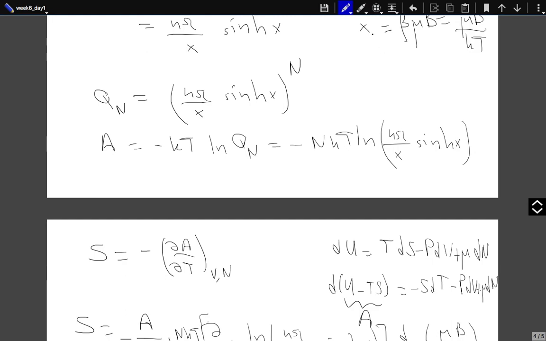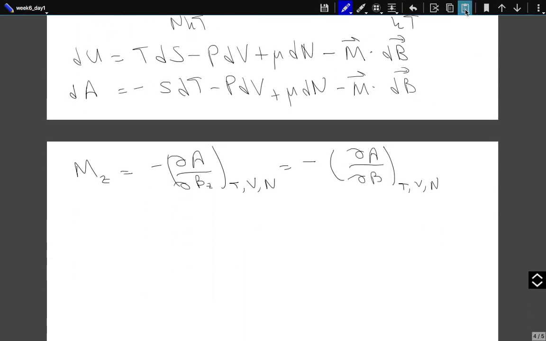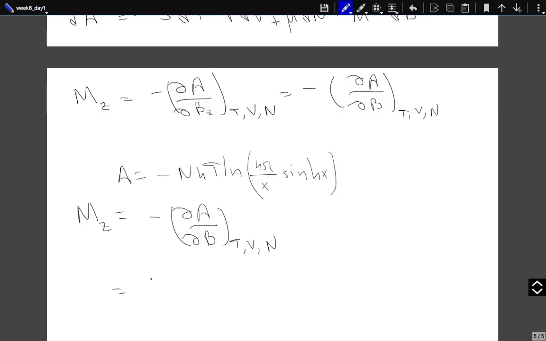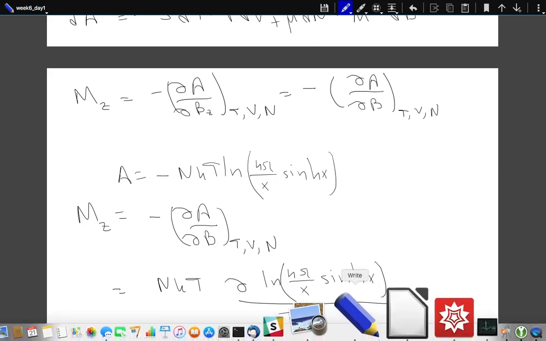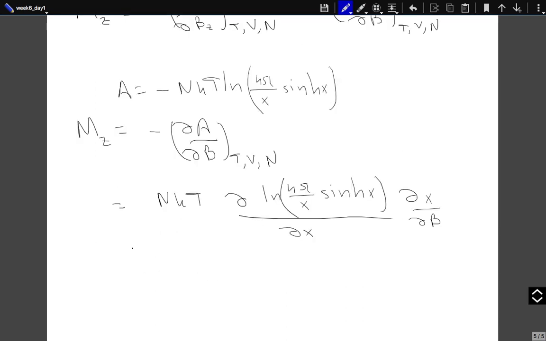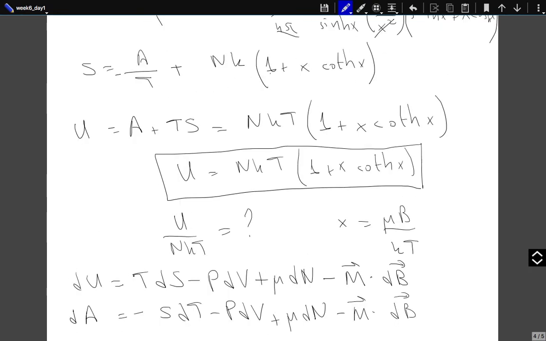So we already know what A was. So this is our A. mz is minus dA by dB at constant all the other parameters, which is NKT times the derivative of the logarithm of 4 pi over x times sine hyperbolic x with respect to x first, and then the derivative of x with respect to B. And if you go back, let's not do that derivative again.